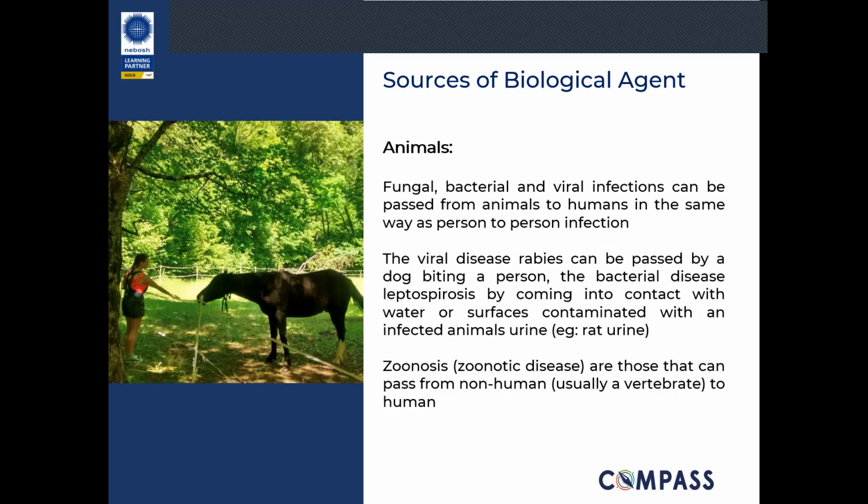The bacterial disease leptospirosis by coming into contact with water or surfaces contaminated with an infected animal's urine, rat urine typically, and then zoonosis. So a zoonotic disease, those that can be passed from non-humans, usually a vertebrate, to the human. So bats and the likes of.